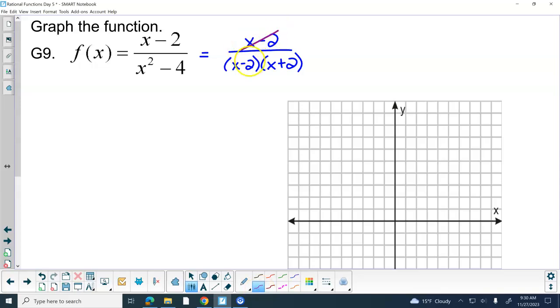So x minus 2 cancels itself out, right? And I automatically think to myself, I've got step 5 in play now, because I crossed something out. So my new function then, f of x, is going to be 1 over x plus 2.